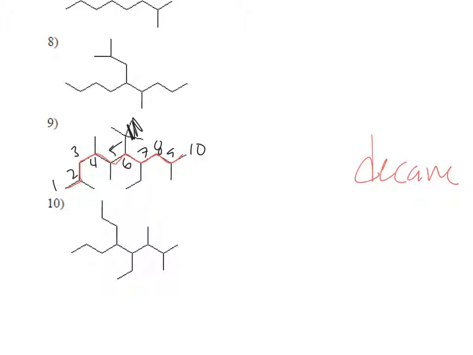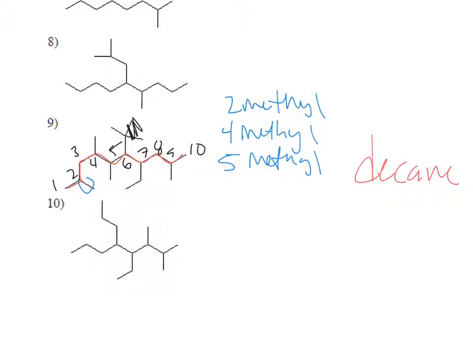What do we have? We have a methyl at number 2. So we have 2-methyl. We have a methyl at number 4. So 4-methyl. We have a methyl at number 5. 5-methyl. We have at number 6 an ethyl group because we have 2 carbons. 1 carbon, 2 carbons.